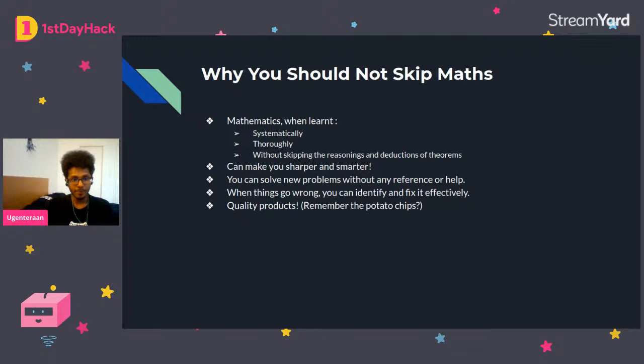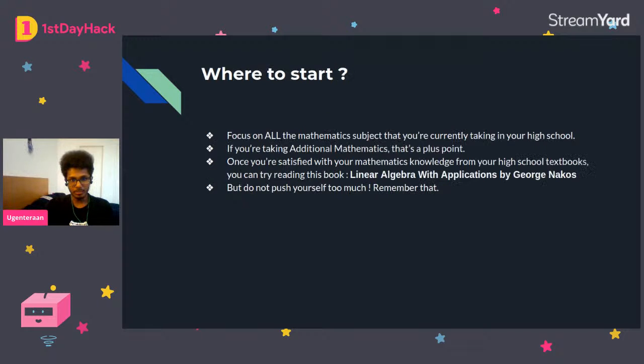And remember the potato chips that I presented earlier? Yeah. So you can also build more quality products. People will trust you more, and of course, your company will pay you more. If that's not enough reason for you to learn maths, then I don't know what is. So these are some of the reasons why you should not skip maths.